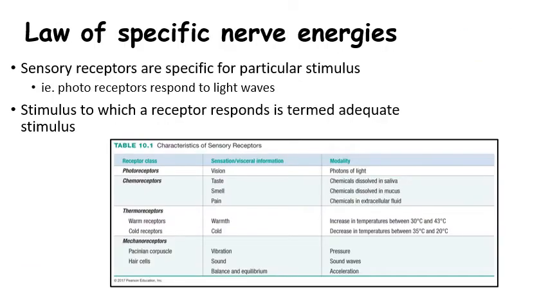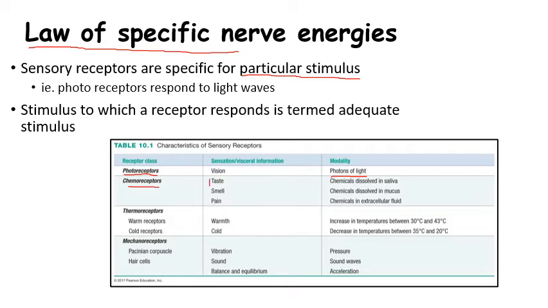In terms of sensory receptors, there's a term called the law of specific nerve energies, and that deals with each sensory receptor having a particular stimulus that elicits a response, those depolarizations. For photoreceptors, those in the retina of your eye for vision, the modality that elicits a response is photons of light. Chemoreceptors are different.